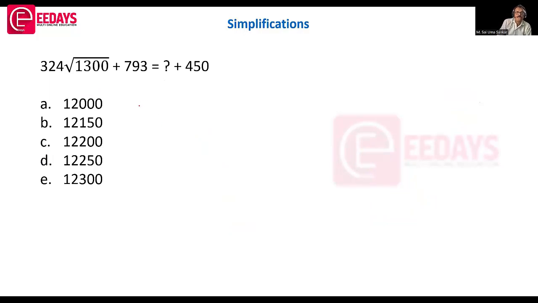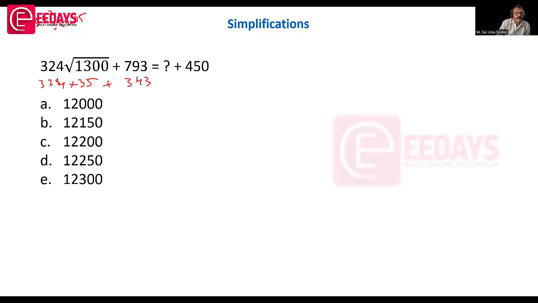Next again, suppose you subtract 480 from this number, so this is equal to 343. Let's wait. And 324, square root of 1300. Let us take 25 square equal to 625, 30 square equal to 900, and next 35 square. Suppose 35 square is equal to how much? 35, 12, 25, approximately 35. So 324 into 35 plus 343.